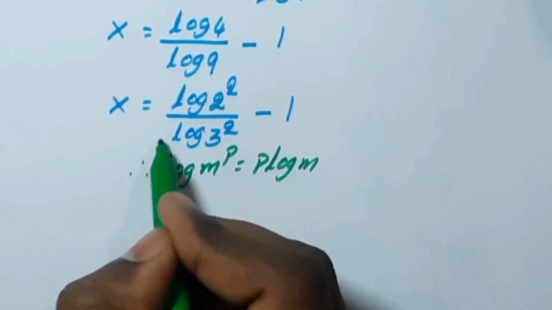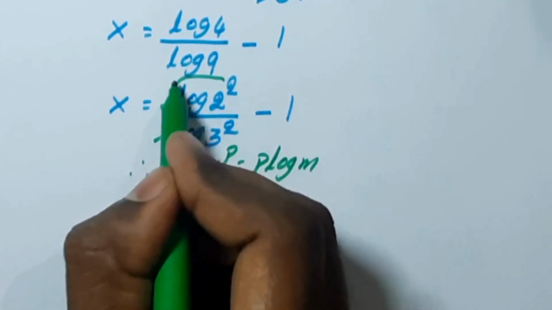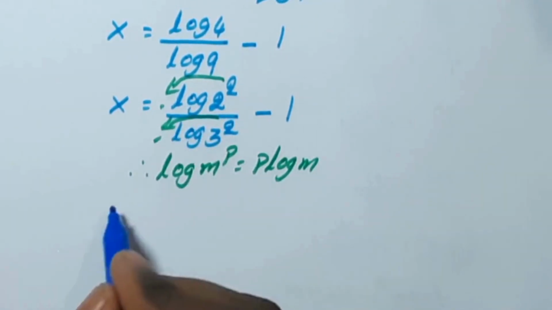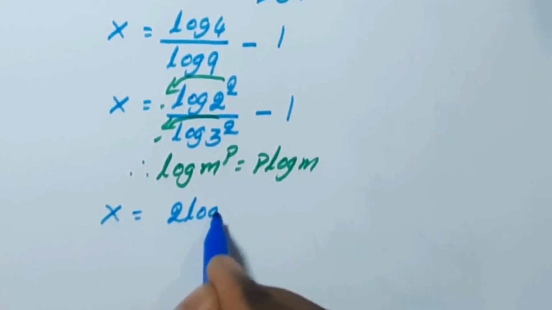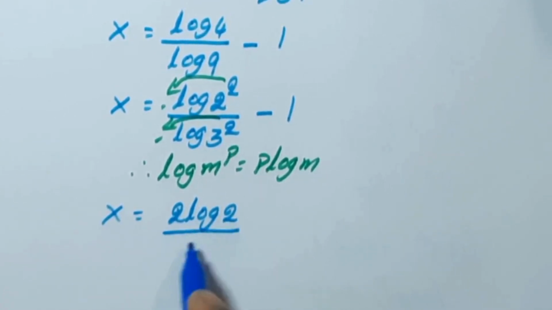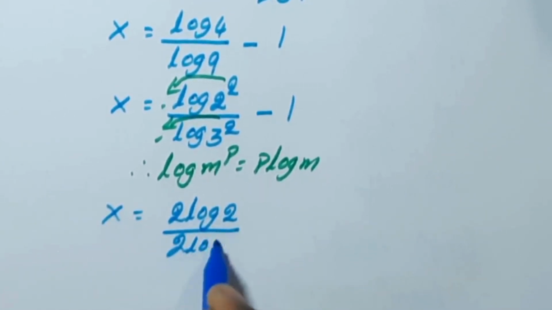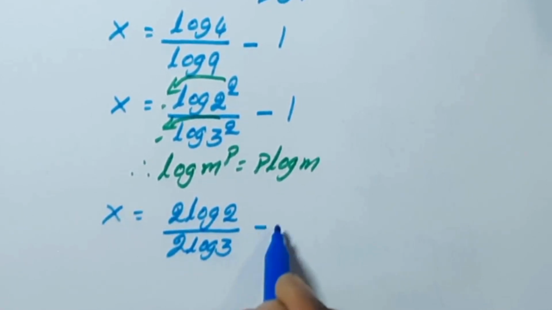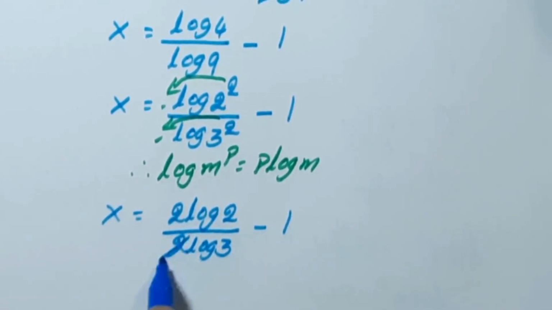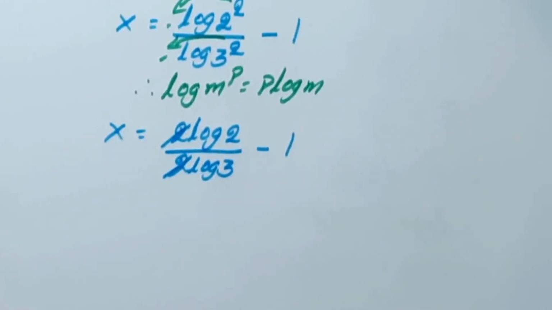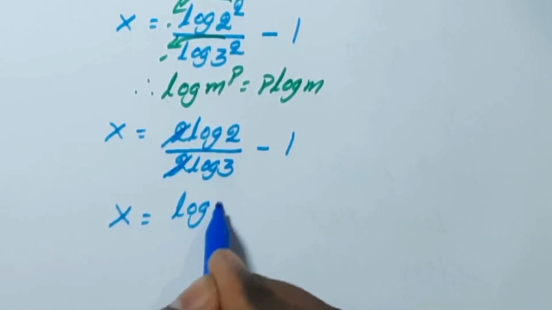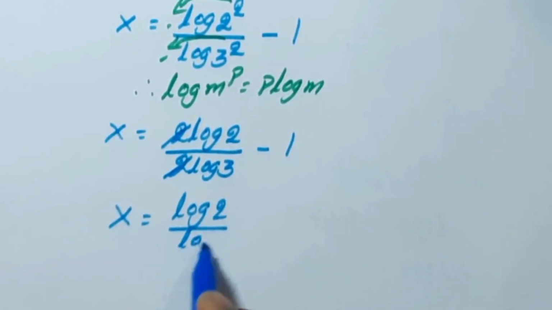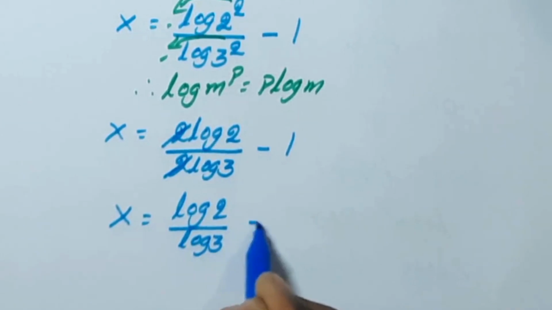We are going to implement this here, so this 2 will come here. x = 2 log 2 by 2 log 3 minus 1. So this 2 cancels this 2, and we have x = log 2 by log 3 minus 1.